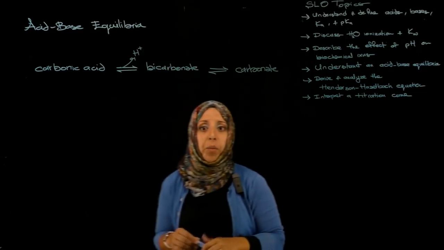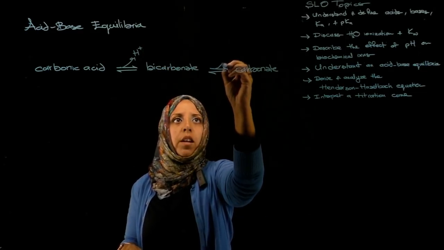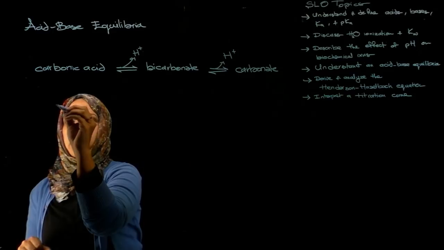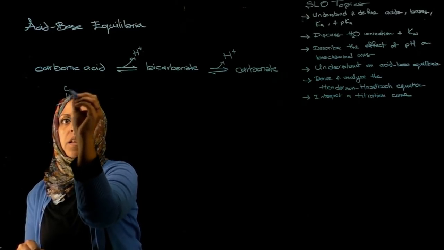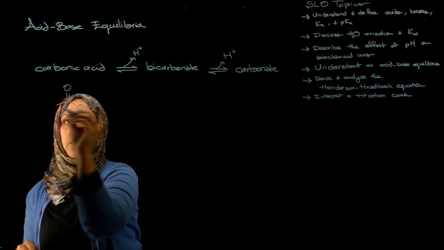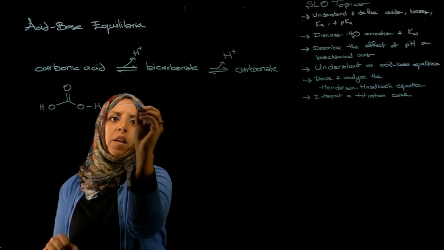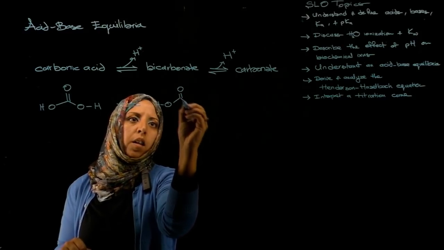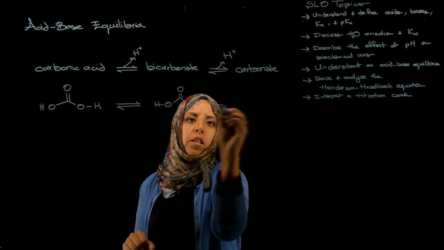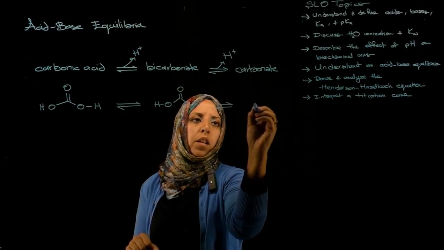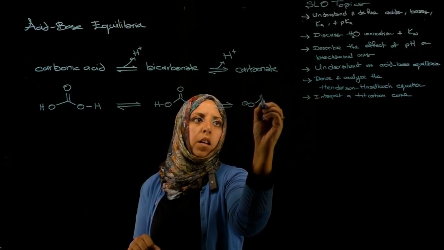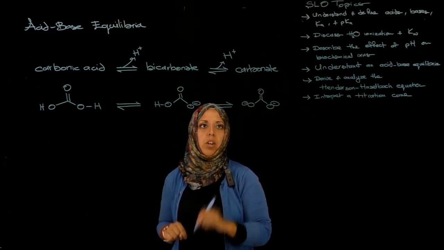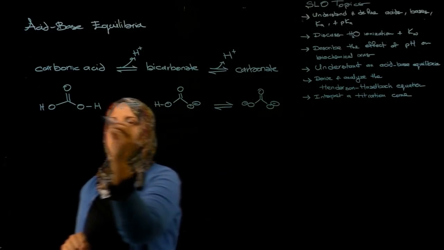It becomes bicarbonate, and then it loses yet another proton to become carbonate. All right, so let's write it out. You have carbonic acid, it becomes bicarbonate, and then it becomes carbonate. And in each step, it's losing a proton.